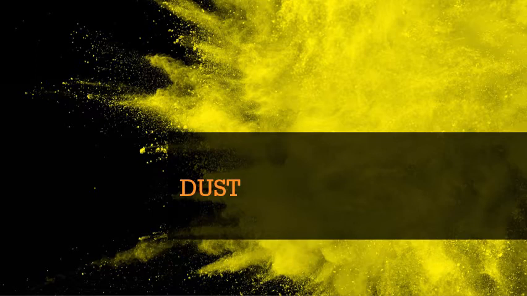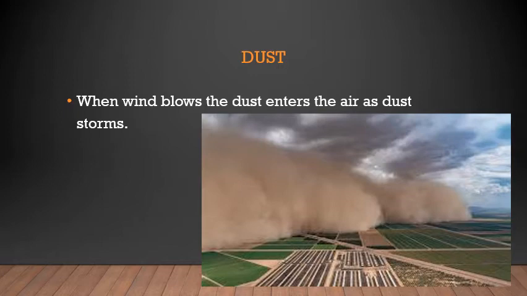Dust. We see large areas of land with little or no vegetation. In such places, there is a lot of dry dust, because where there are no trees and no plants, a lot of dry dust will be there.